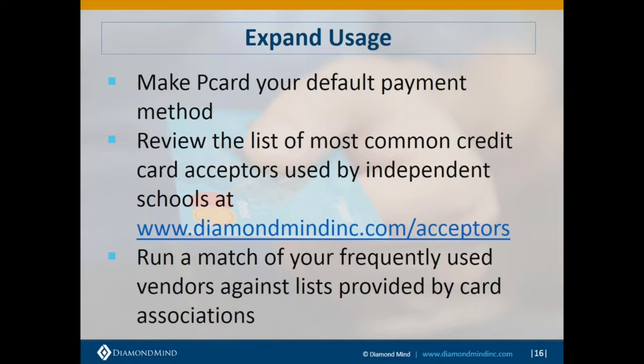You can visit us right here at www.diamondmineinc.com/acceptors. This will really help you get a better understanding of who will take a credit card, and then you can start to move those processes, instead of either that PO or that manual check process, to the purchase cards.